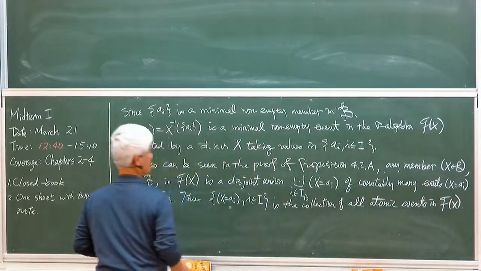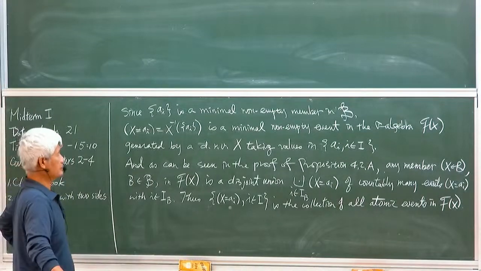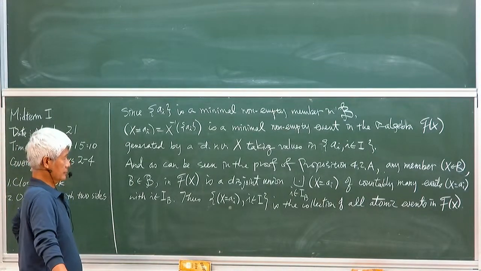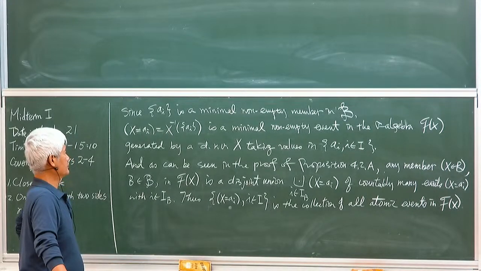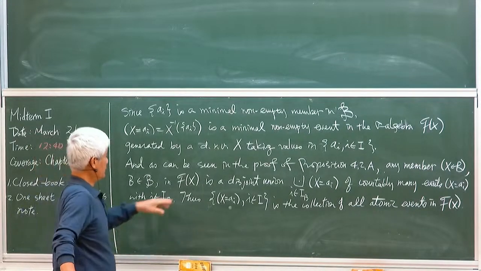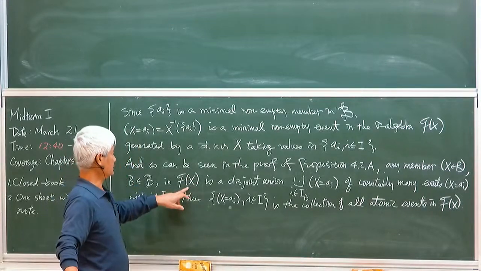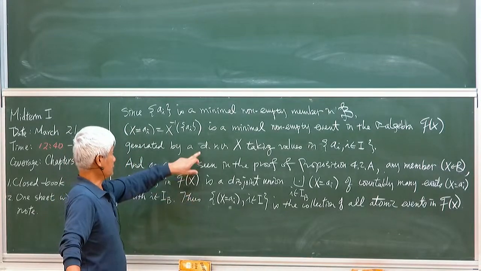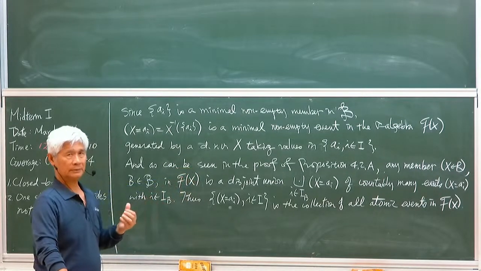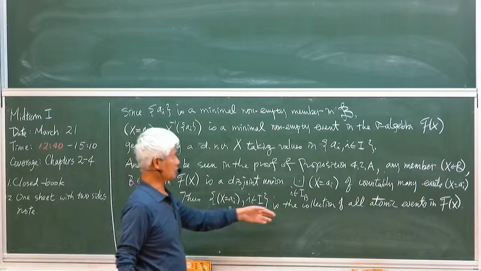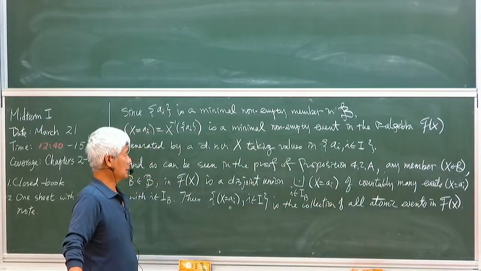So the sigma algebra generated by a discrete random variable f of x has a countable collection of atomic events, right?